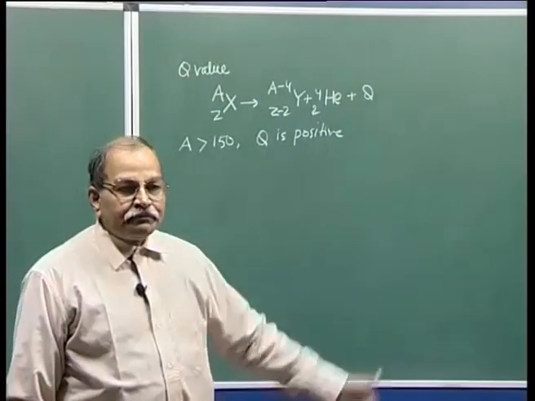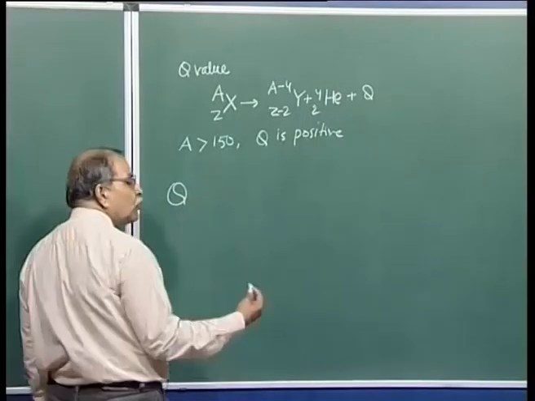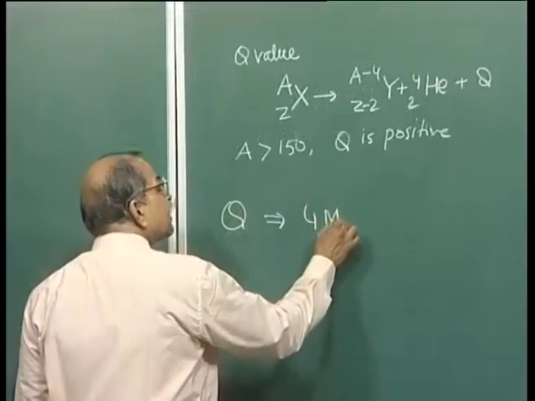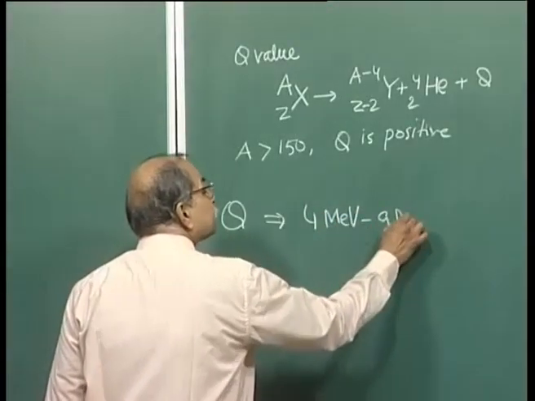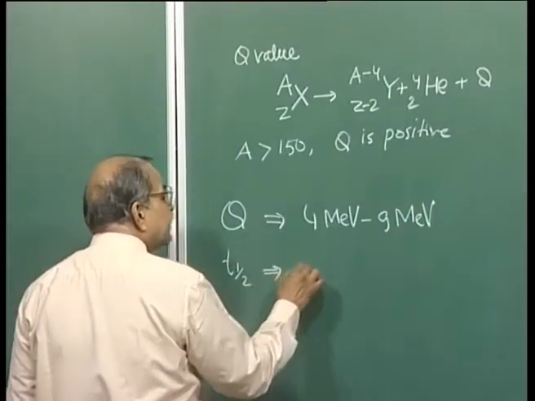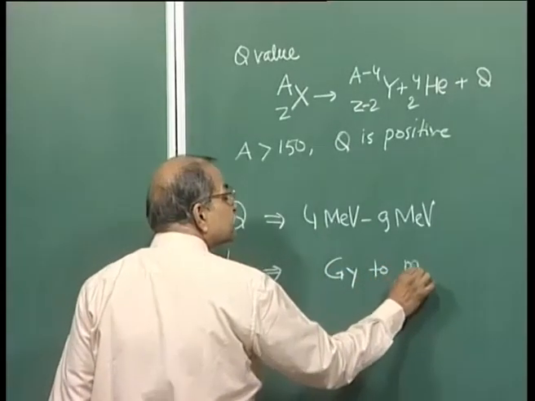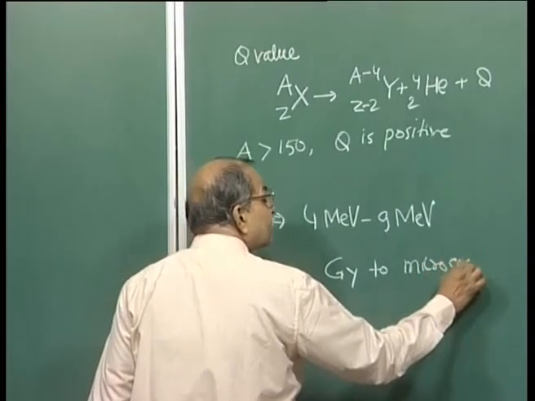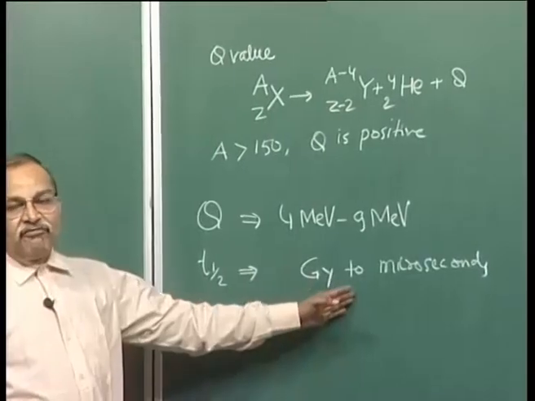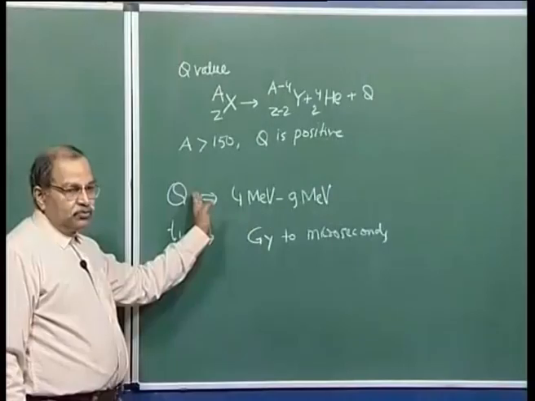We found that typically Q for the known alpha emitters varies between say 4 MeV to 9 MeV, and corresponding lifetimes, if you look at it, go from some giga-years to microseconds or even less. So, there is a huge range of lifetime.